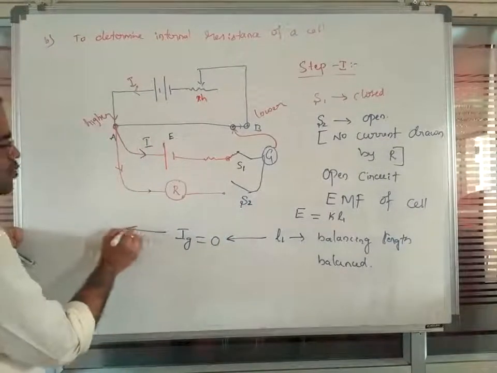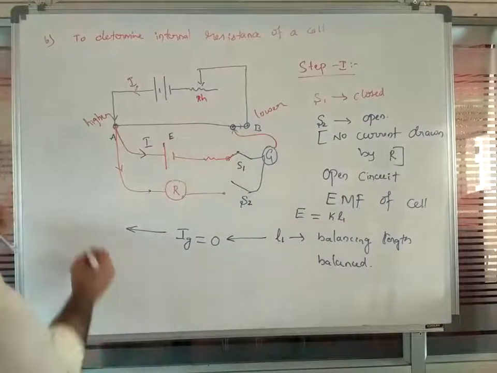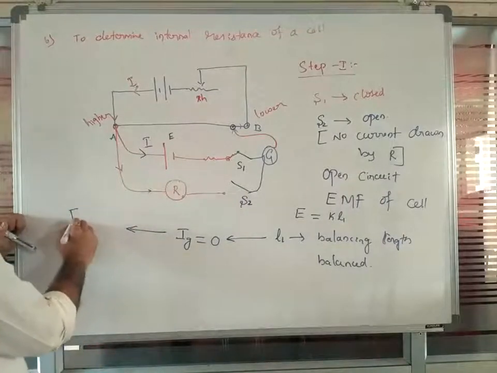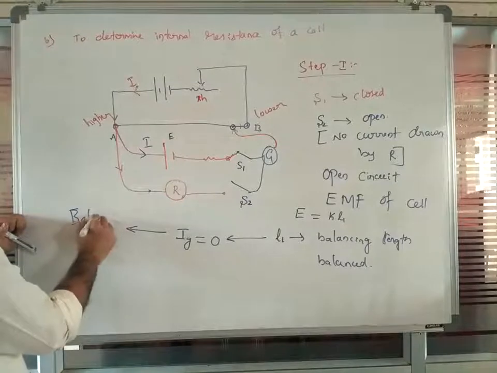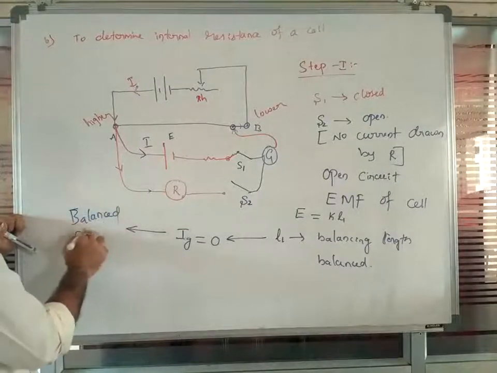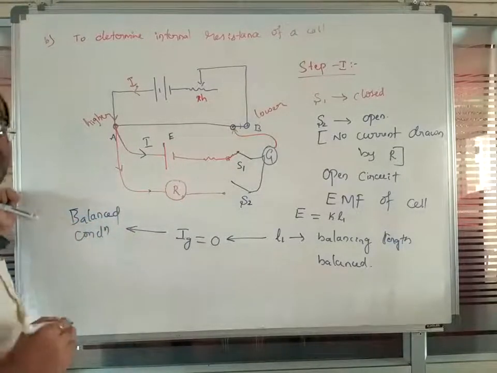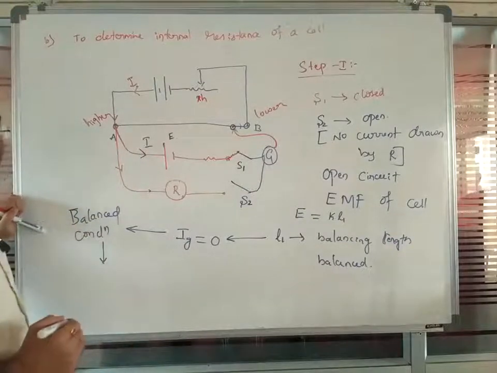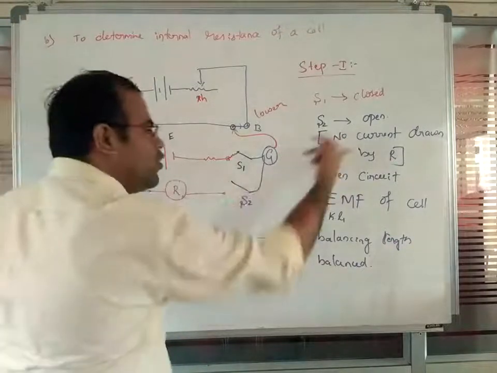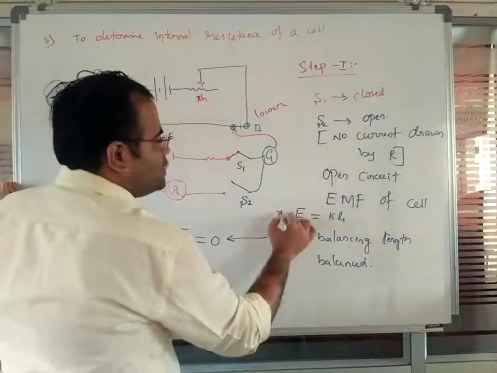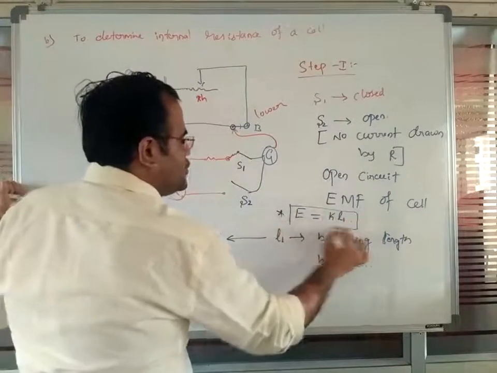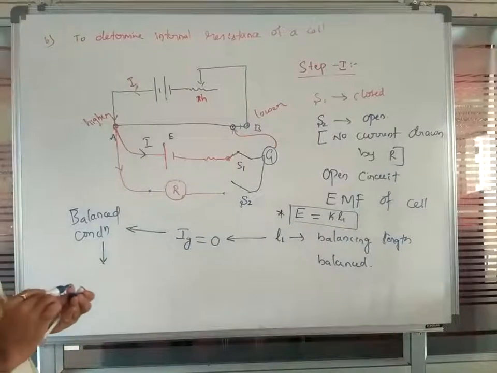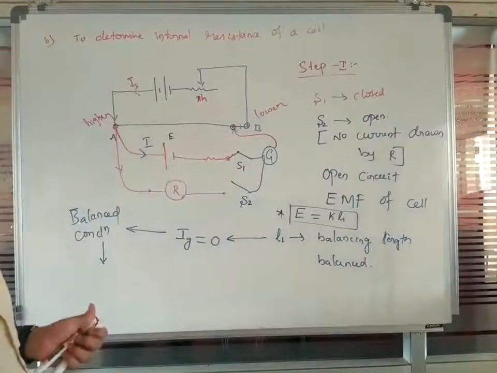Whenever the balanced condition is there, we observe the current through the galvanometer as 0. So without drawing any amount of electric current, we observe the equation E is equal to K into L1.